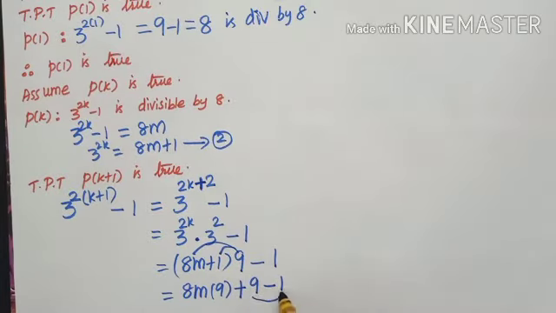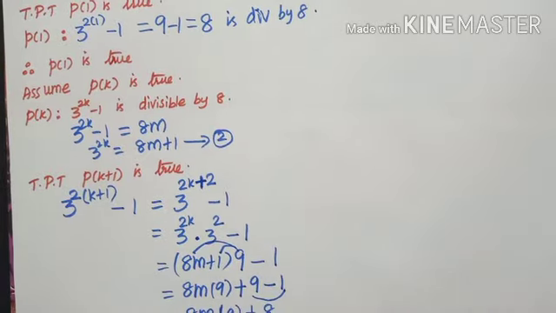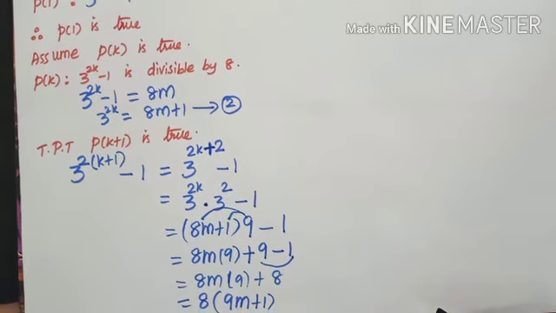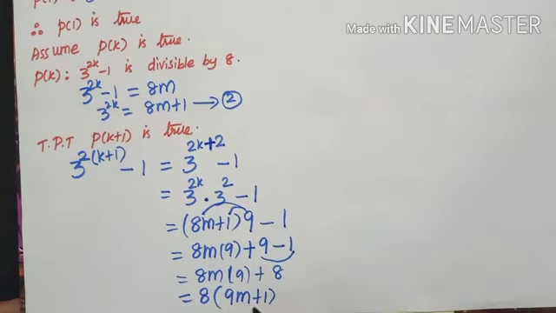What is 9 minus 1? I can write 8. Now, which is common in these two? In both the terms, I have 8 common. Take 8 out, I am left with 9m plus 1.